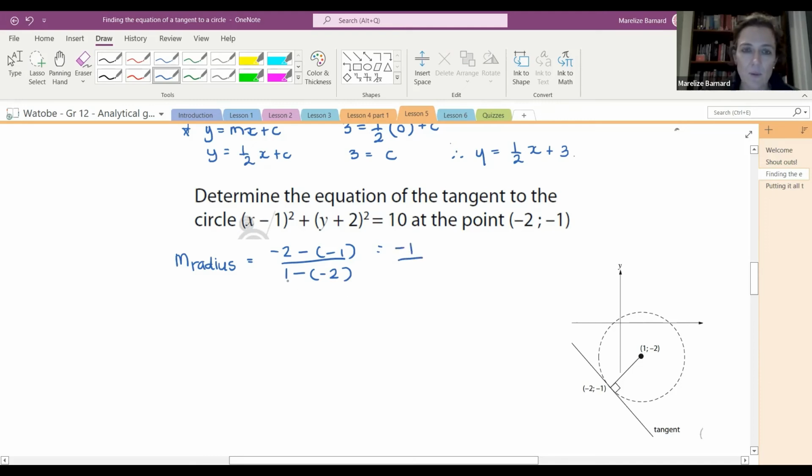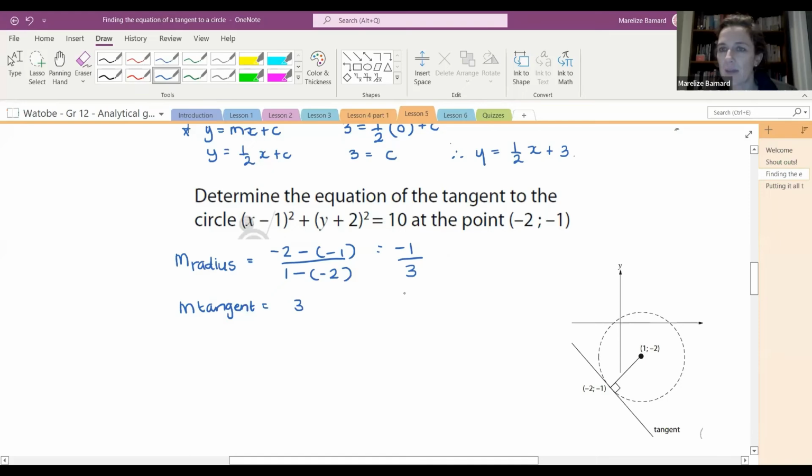And then 1 minus 2 is plus 2, so that's 3. So the gradient of the radius is minus 1 over 3. That can help us with the gradient of the tangent, which we're going to flip and change. So that'll be 3.